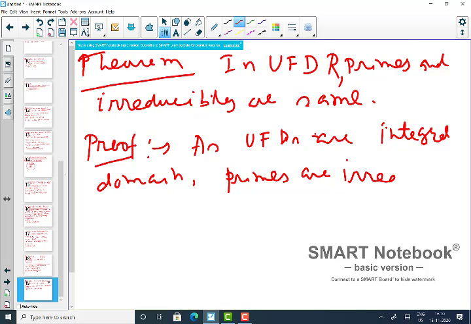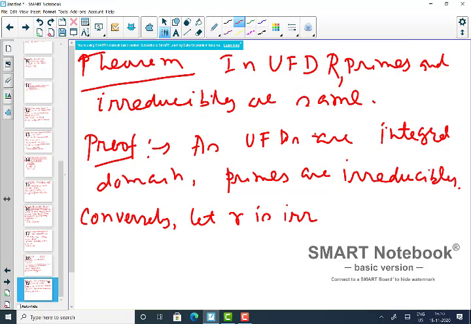That is obvious, because in an integral domain every prime element is an irreducible element. Now conversely, let r be irreducible in R, which is a UFD. Now I need to check that r is a prime element.